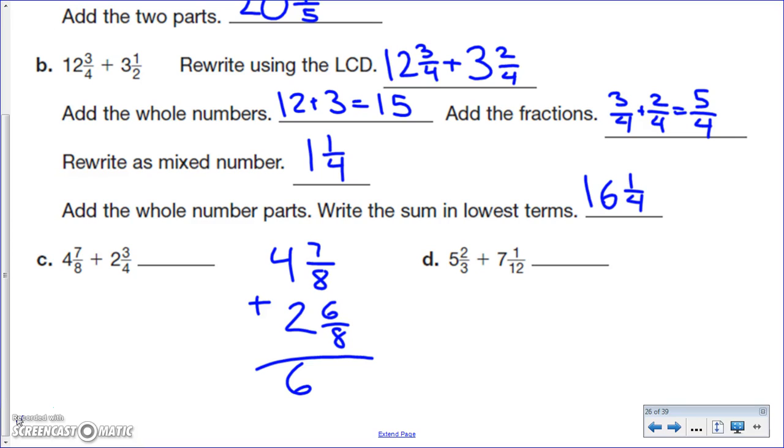And 7/8 plus 6/8 is 13/8. Now we need to turn the 13/8 into a mixed number, so it becomes 1 5/8, which gives us our complete answer of 7 5/8.